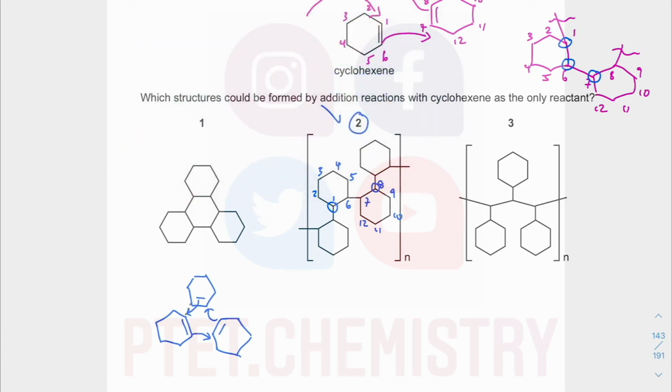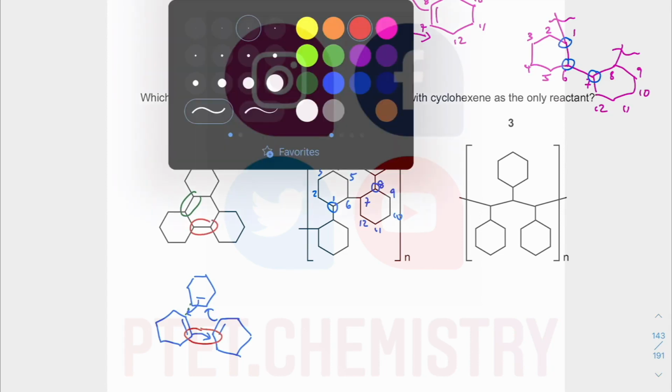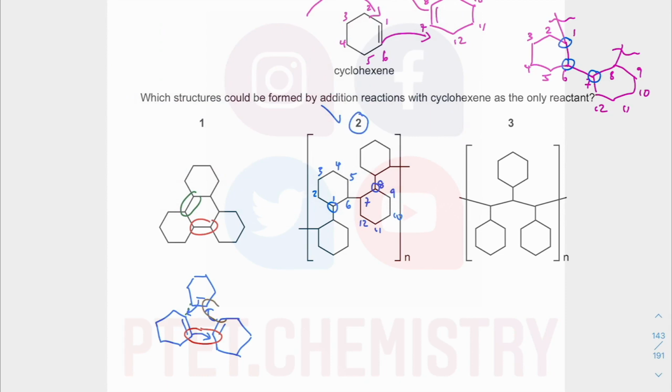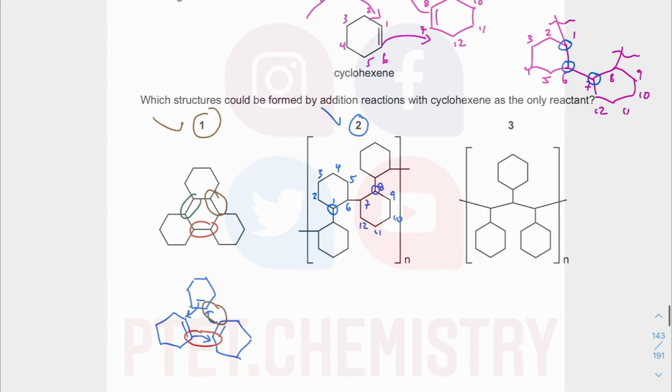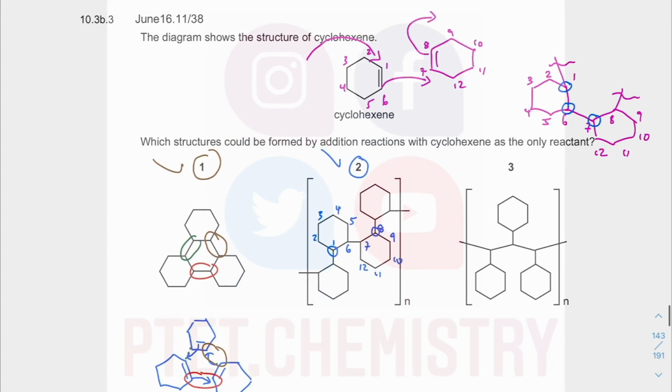So this thing will give you the green bond there, and red will give you this there, and I guess this brown thing will give you a single bond there, and you will lose all the double bond characters. So 1 is indeed possible as well. Addition reaction with cyclohexene as the only reagent, or as the only reactant. So 1 and 2 are fine.